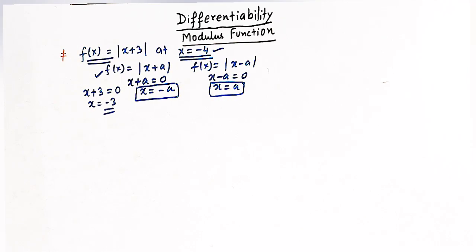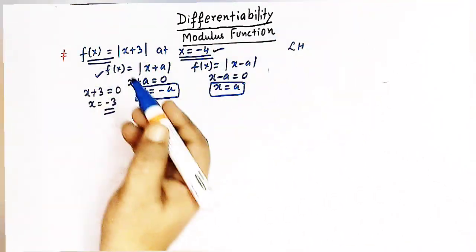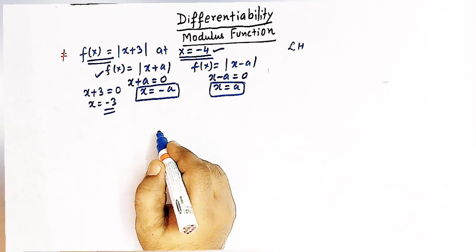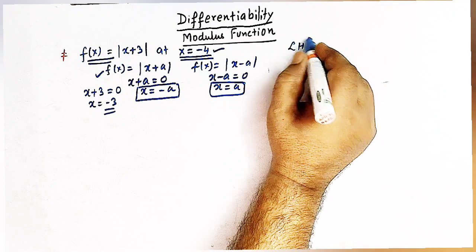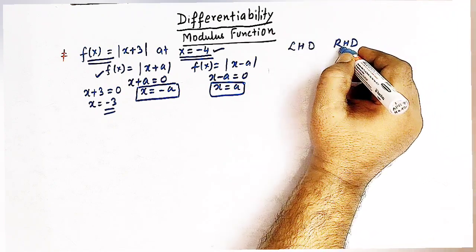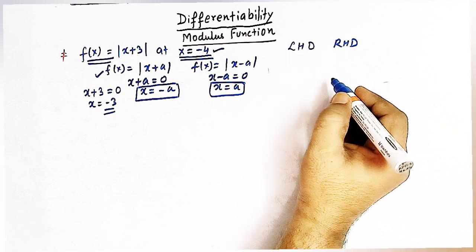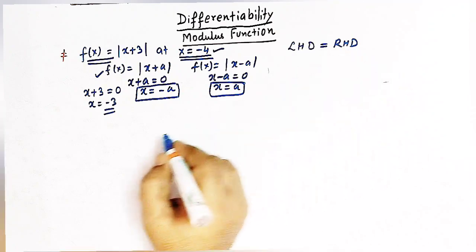By the definition of differentiability of functions, we know that if the derivative of a function is to exist at some given point, then the left hand derivative must exist and it must be finite. Similarly, the right hand derivative must exist and it must be finite, and both the derivatives must be equal to each other.